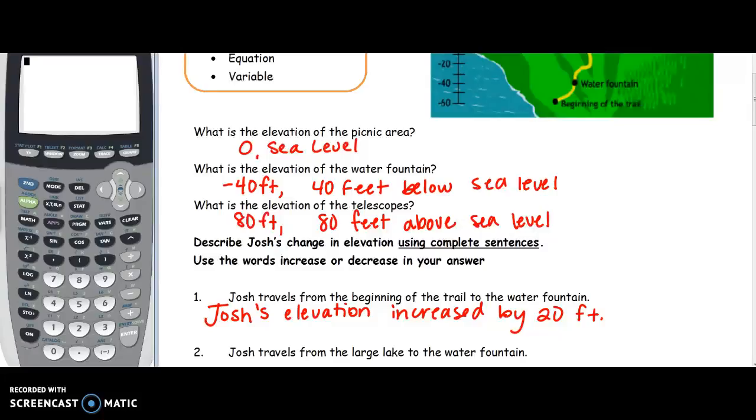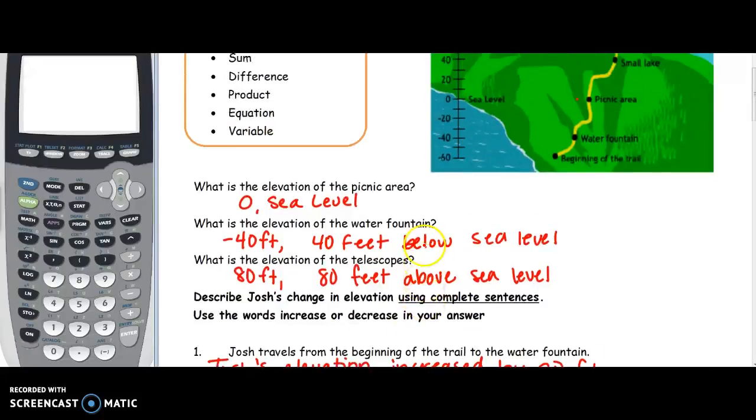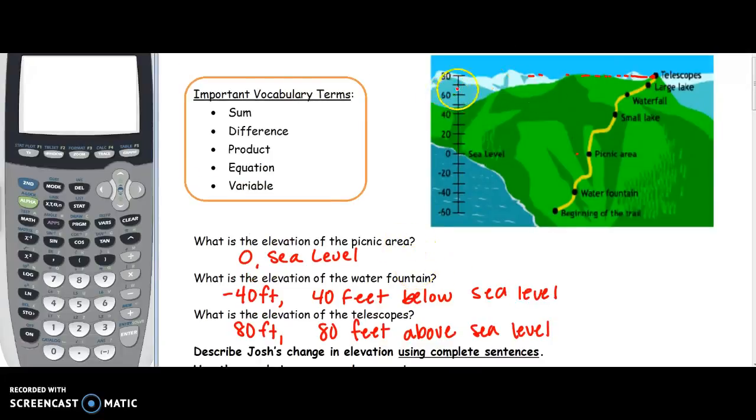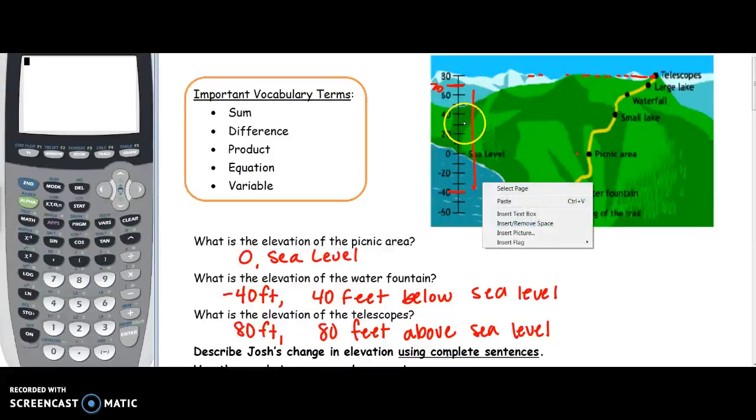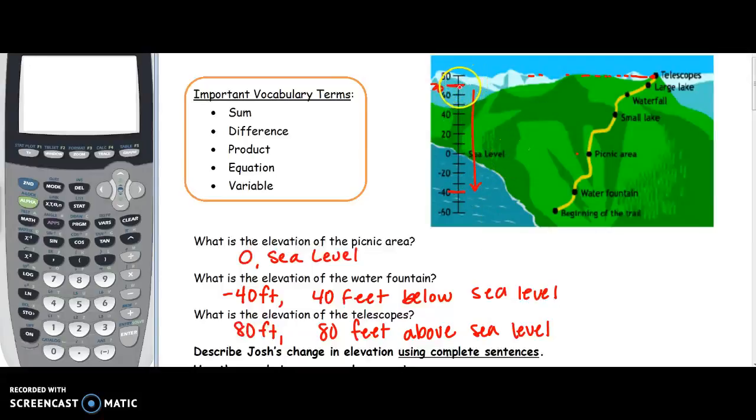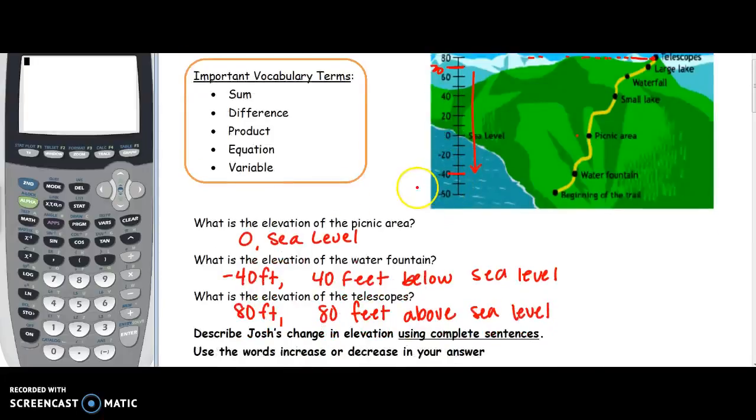The next one is Josh travels from the large lake to the water fountain. So the large lake is here at 70, all the way down to the water fountain at negative 40. So notice how he's going down. So we know his elevation is decreasing, but how many is he going down by? He's going down by 10, 20, 30, 40, 50, 60, 70, 80, 90, 100, 110.